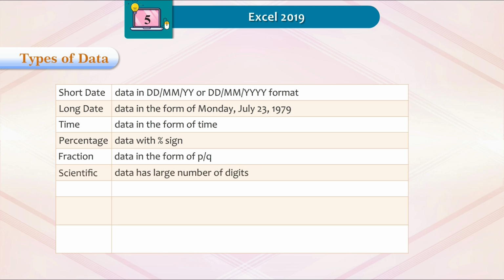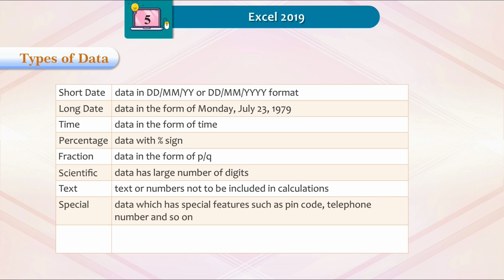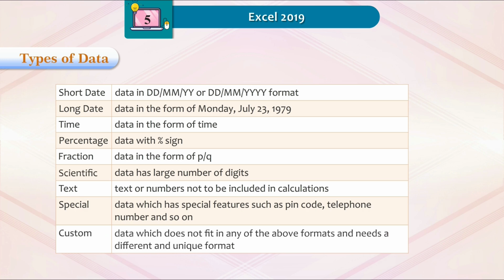Scientific, data has large number of digits. Text, text or numbers not to be included in calculations. Special, data which has special features such as PIN code, telephone number and so on. Custom, data which does not fit in any of the above formats and needs a different and unique format.